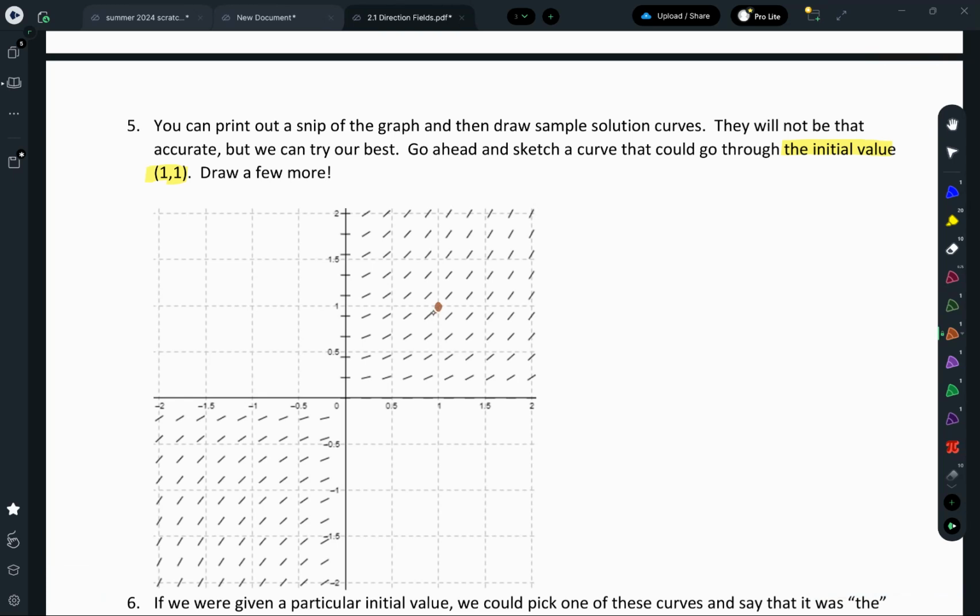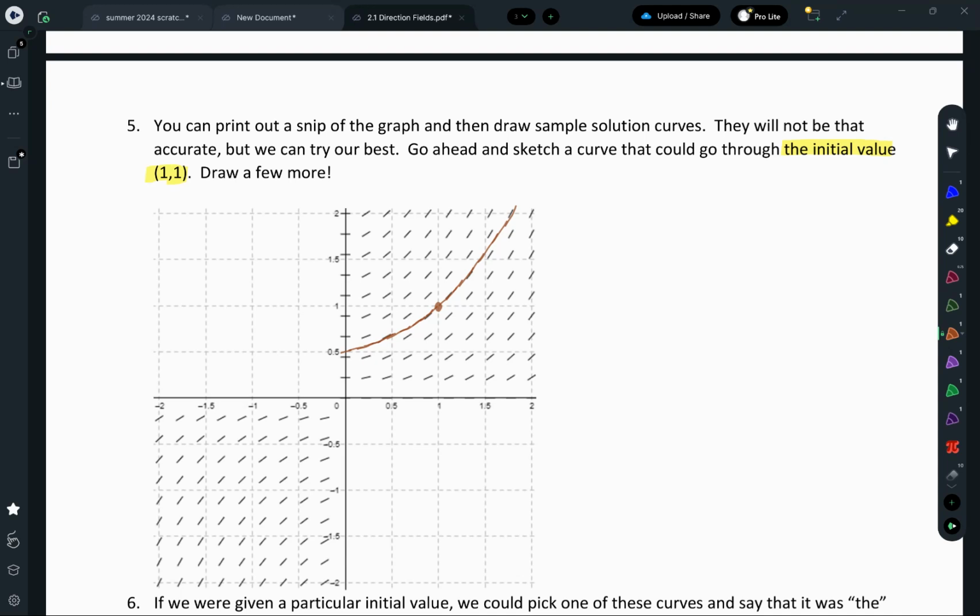So I'm going to extend below and above, trying to reach out to where I would hit the lineal elements in such a way that they run tangent to those lineal elements. And this would be an example. Again, it might not be perfect, and that's totally fine, okay?